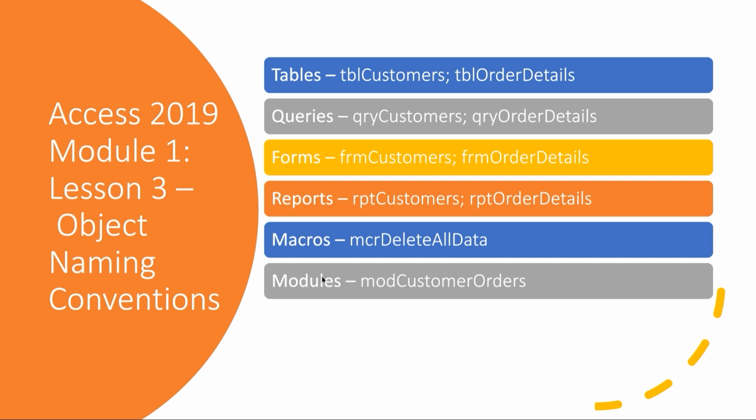If the table name has multiple words, you'll see the example of tblOrderDetails, with the O and the D capitalized, all mushed together. This is a standard convention that's used for naming database objects. So I'll direct you as we're creating our database, but you use the prefix qry for queries, frm for forms, rpt for reports, mcr for macros, and mod for modules.